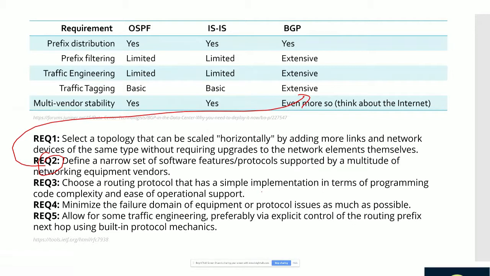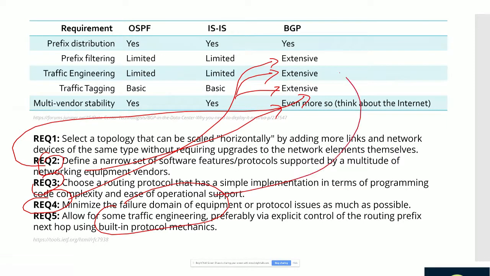Simple implementation in terms of programming and operational support. Again, this might fall into the BGP camp over here. Minimize the failure domain of equipment or protocol issues. This would fall into prefix filtering, traffic engineering, traffic tagging, things like this. Allow for some traffic engineering, which would fall into these policy steps, again, as always.